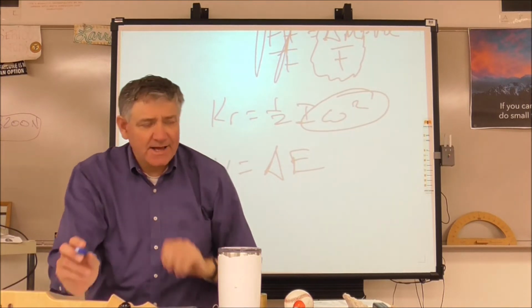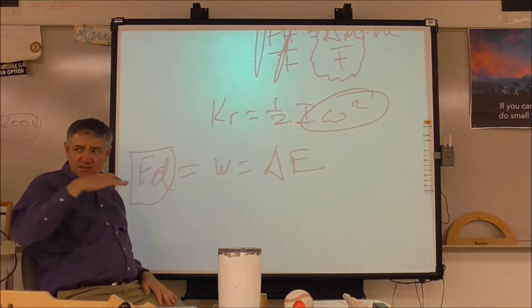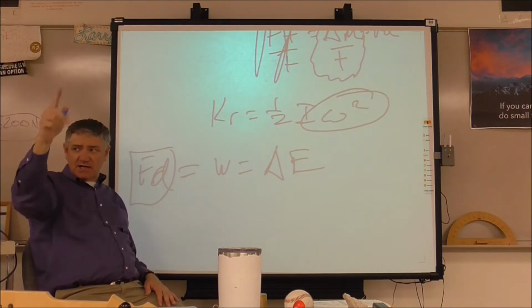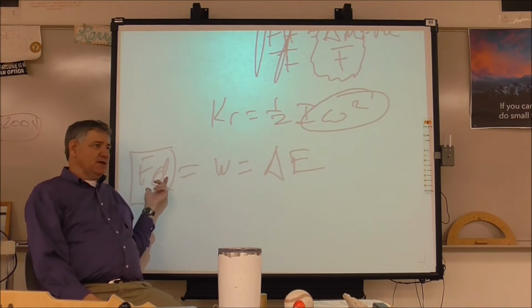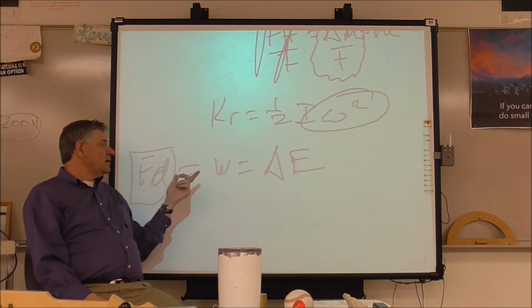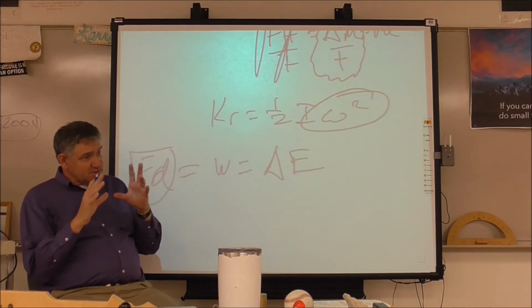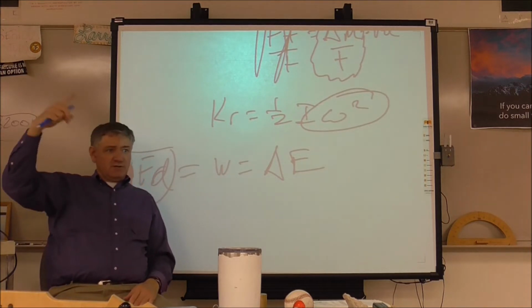I can't do force and distance because this isn't a linear thing. I'm not pushing the satellite, I'm making the satellite spin. So I can't do the force and distance thing. I can do the change in energy. So with this situation, the work is the change in the rotational kinetic energy.